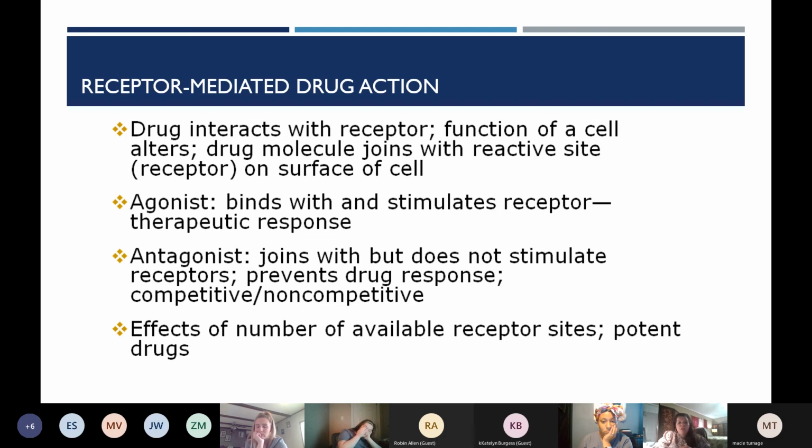So a drug molecule joins a reactive site on a cell surface. I'm trying to find something, let me open this and show y'all. This is basically what the video is going to do, but just to give y'all an understanding. Of course, I can't get it open. Hold on.